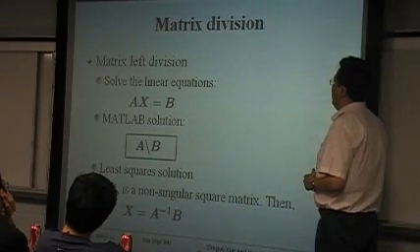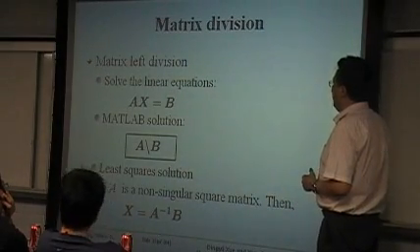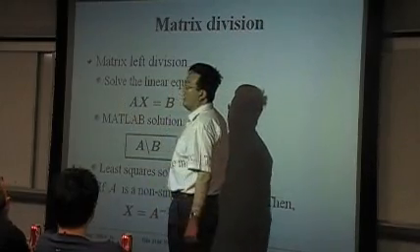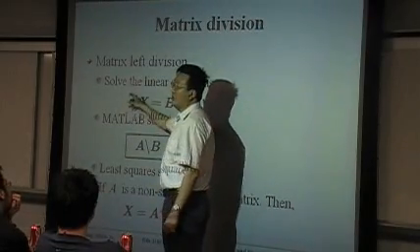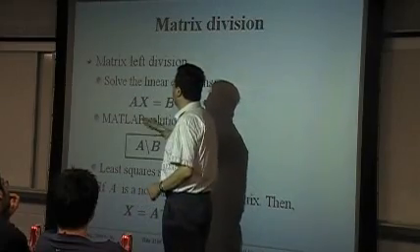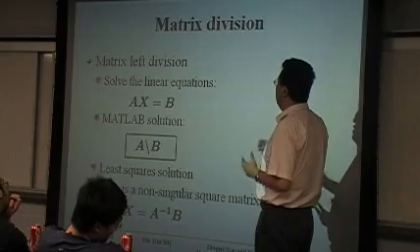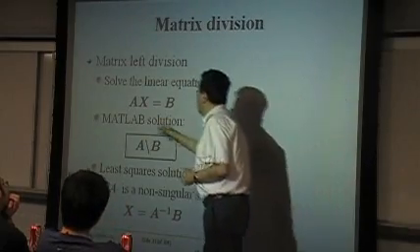And in a linear algebra course, you always have to assume that A is a square non-singular matrix. If it is a singular matrix, or if it is a rectangular matrix, then you do not have any way to solve this kind of equation.